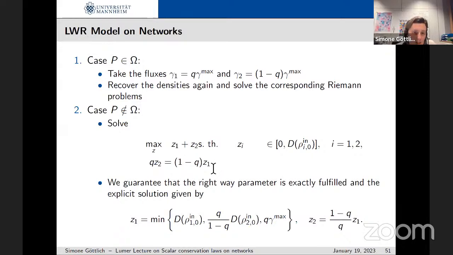So we can guarantee that the right-of-way parameter is exactly fulfilled, and the solution can be explicitly computed by Z1 and Z2 in a really straightforward way.